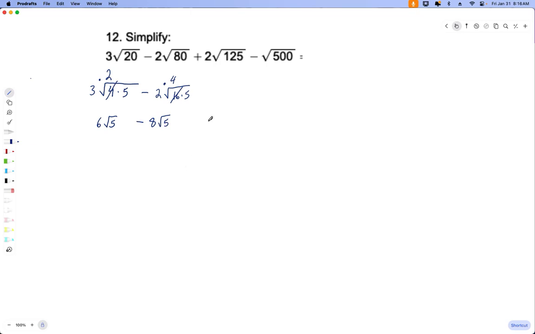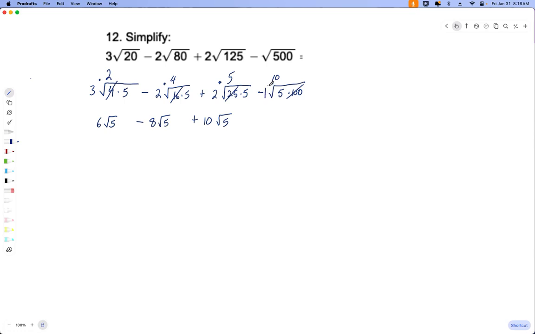plus 2, and here I've got 25 times 5, so I know that is a 5, so that would be plus 10, and I have a square root of 5 remaining, minus, I see the square root of 5 times 100, and we know 100 is going to be 10 times 10.